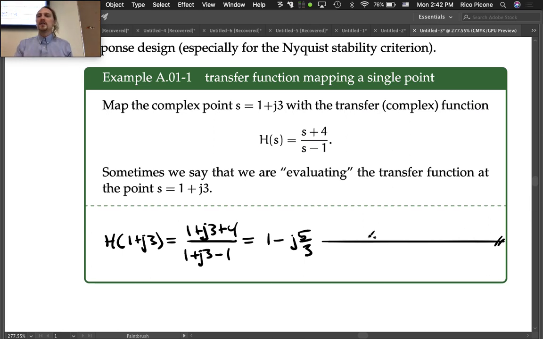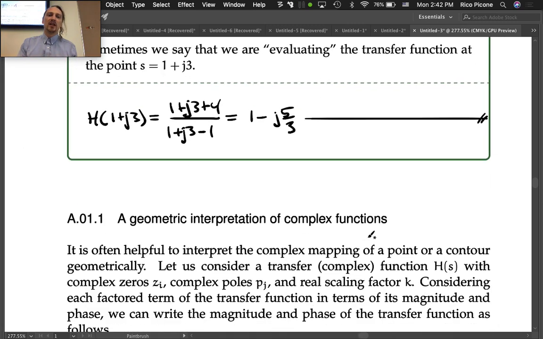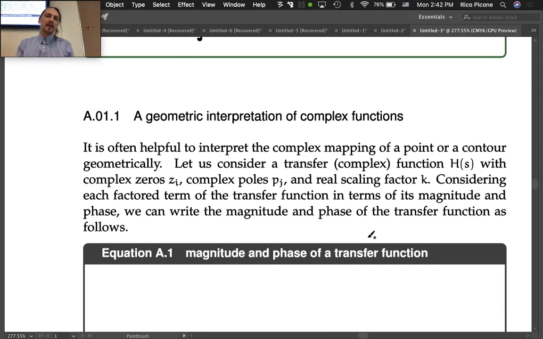So that was just a simple mapping of a single point in the complex plane. No big deal, right? Okay, so this is the part that is the payoff for what we're going to be doing on Wednesday: the geometric interpretation of complex functions. It is often helpful to interpret the complex mapping of a point or a contour geometrically.